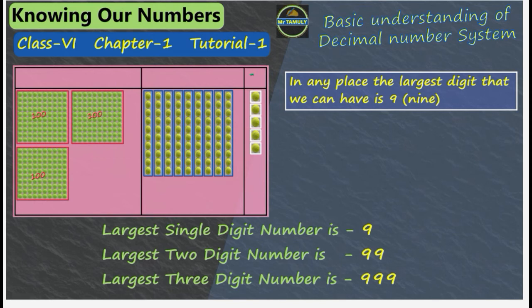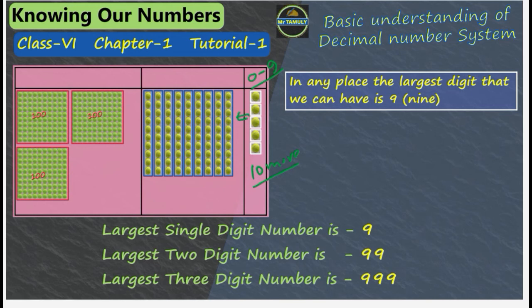Here we can have any digit from 0 to 9 but not more than 9, because in the animations we have seen that the moment we have 10 or more balls here, a set of 10 will move to the second place.